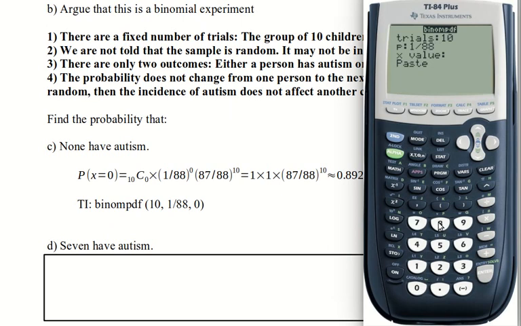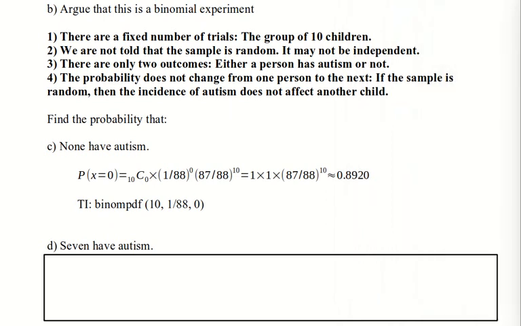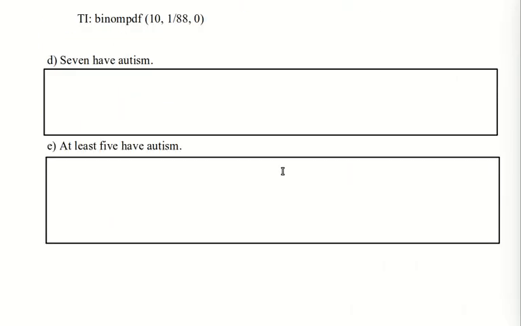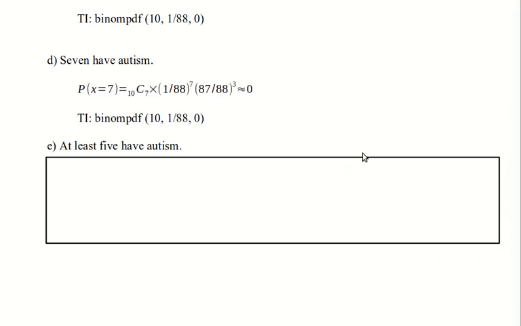One of the cool things about your calculator is you can input an expression there. So you can actually say, whatever the number you get when you divide 1 by 88, that's the probability of success. And we're interested in 0 successes. And when we paste that in, we see exactly that number.